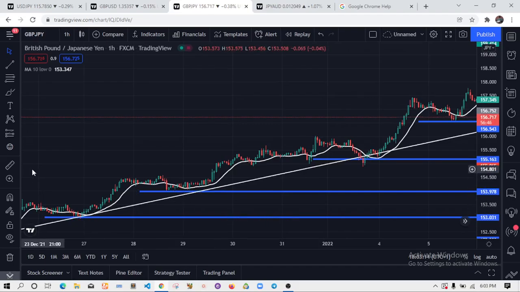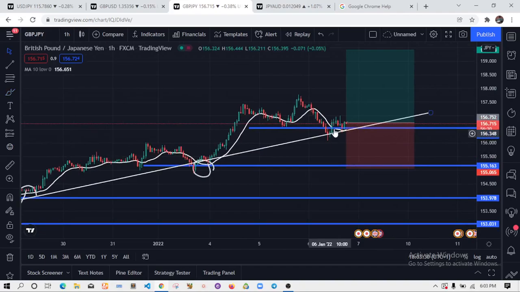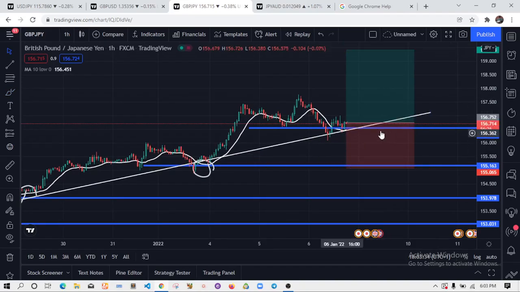You're supposed to long this trade here, here again, and currently you can see what is happening there. The same thing is playing out here. So what are you waiting for? We have to enter our buy, right?